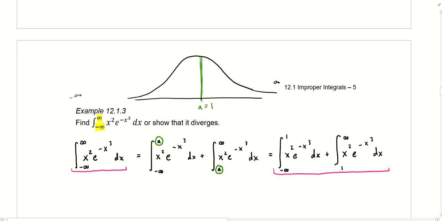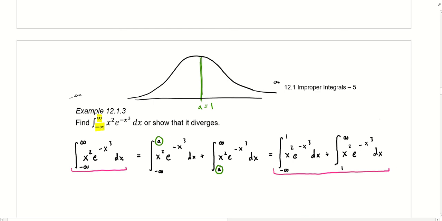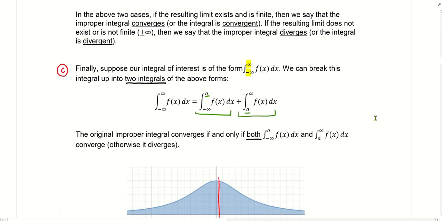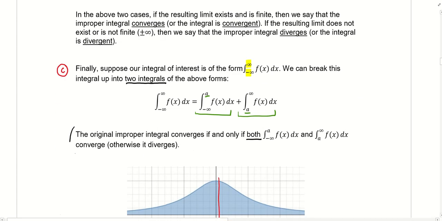Now, initially, it looks like we're going to have to do a lot of work. It looks like I'm going to have to evaluate both of these integrals. But one thing that's sometimes nice about this form of improper integral, where we're integrating from negative infinity to positive infinity, is if we go back to when we first defined this, back on page 3, all we care about is whether or not that original integral converges, and if it does, what it converges to, or if it diverges.